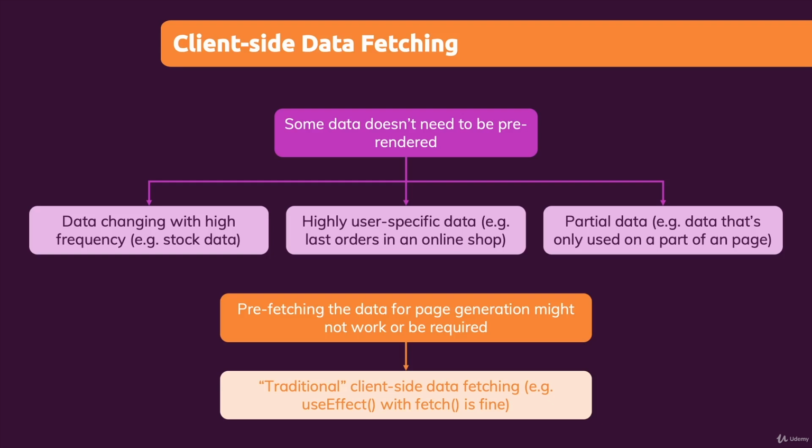So not from inside getStaticProps or getServerSideProps, but really from inside the component so that this code only runs once the code executes in the client, not on the server. And therefore that's what we're now going to take a closer look at.